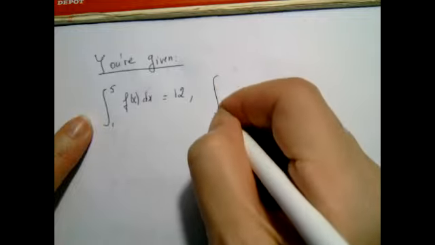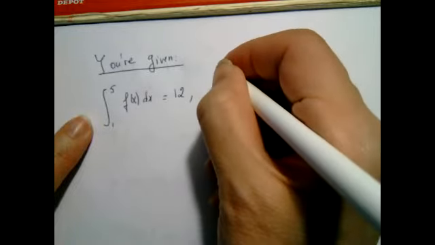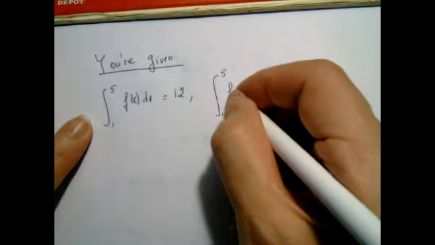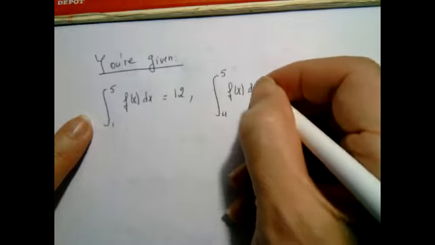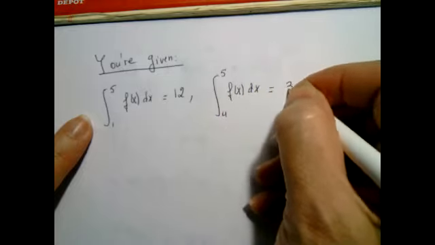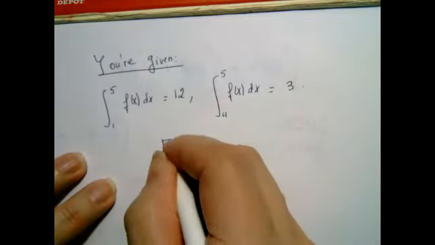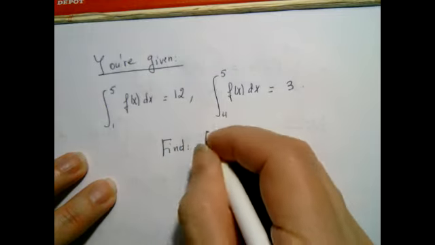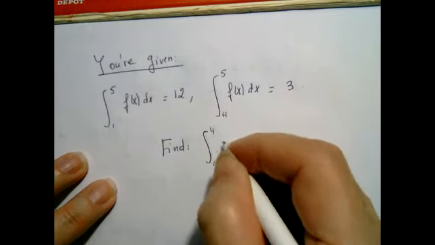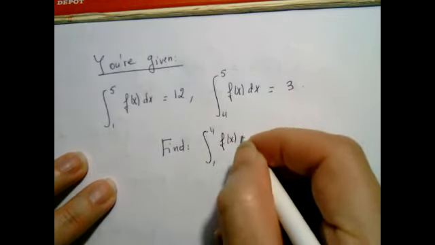And the integral from 4 to 5 of f of x dx. So I have one function, I'm going to give you those, equal to 3. And my question is, find the integral from 1 to 4 of f of x dx.